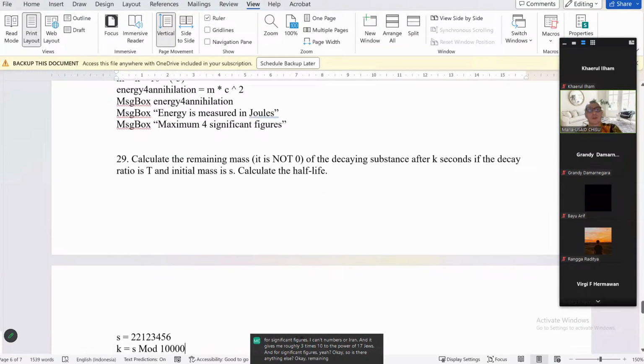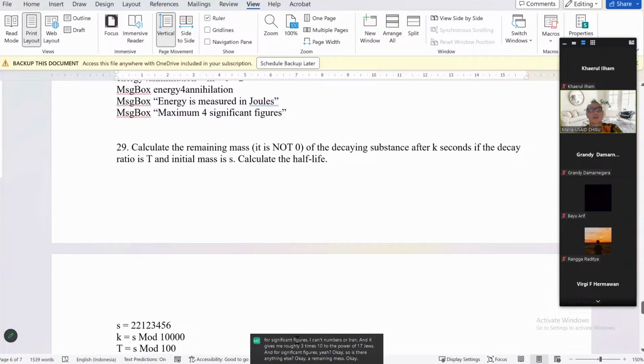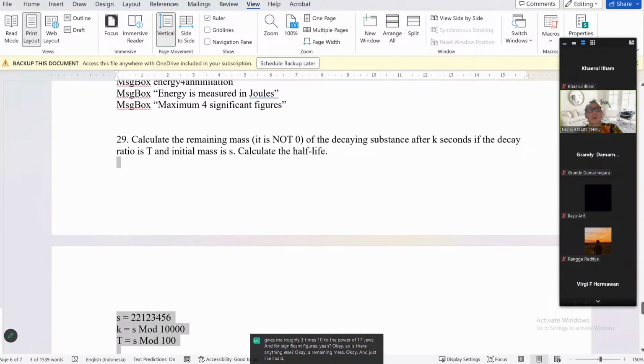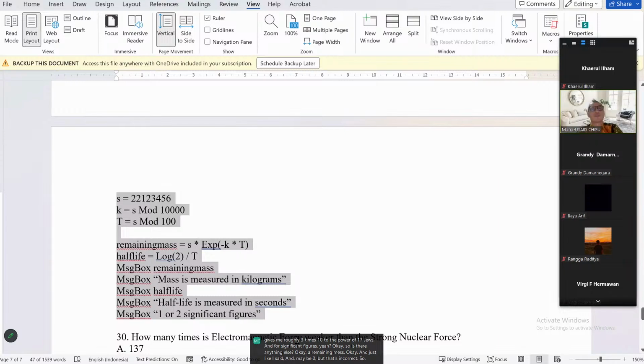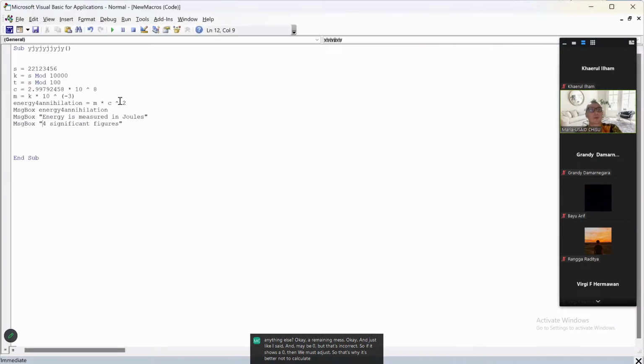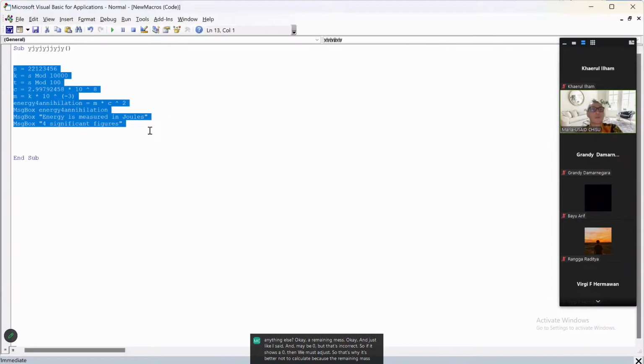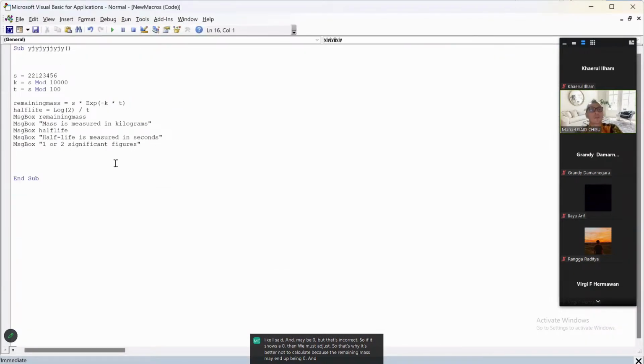Okay, remaining mass. Just like I said, remaining mass may be 0, but that's incorrect. So if it shows 0, then we must adjust. That's why it's better not to calculate, because the remaining mass may end up being 0. And how many significant figures do I have?